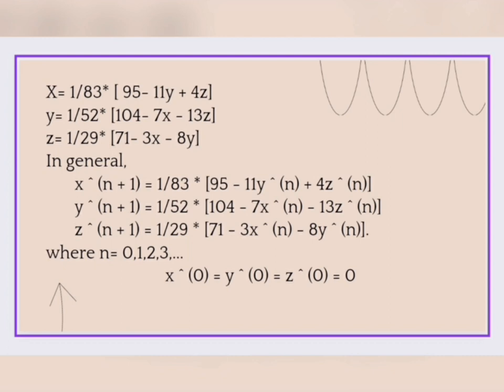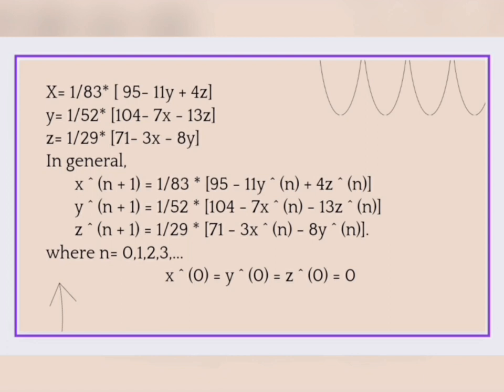Now we can rewrite the given equations for x, y and z, where x is equal to 1 by 83 into 95 minus 11y plus 4z. y is equal to 1 by 52 into 104 minus 7x minus 13z. z equals 1 by 29 into 71 minus 3x minus 8y.